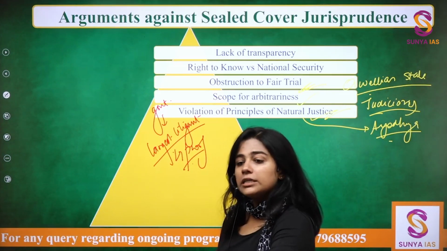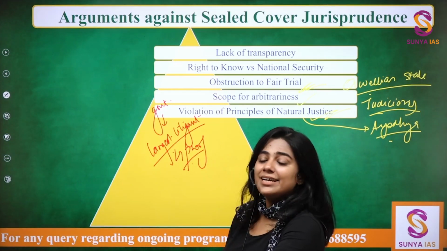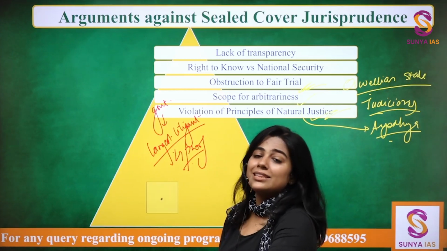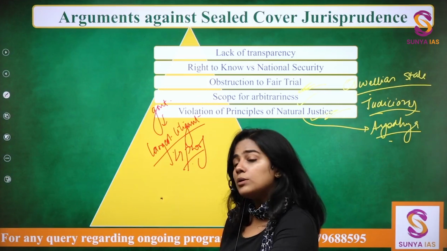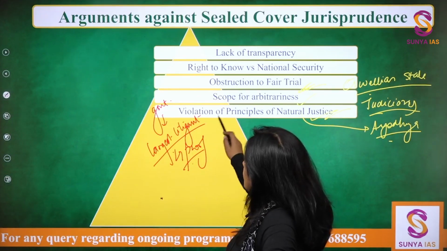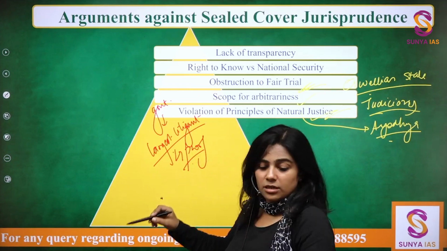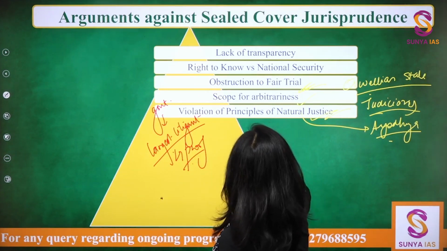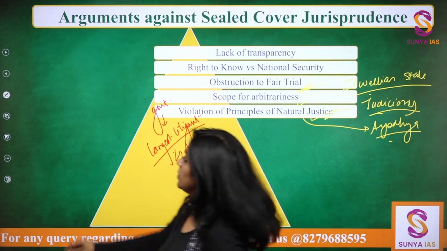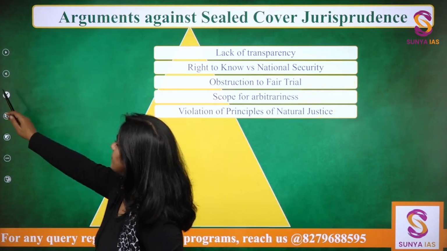So how can government itself decide that this particular piece of information I'm going to share with people and this I'm not going to share? How is it that government gets to decide it? Right? So it is a violation of the principle of natural justice.